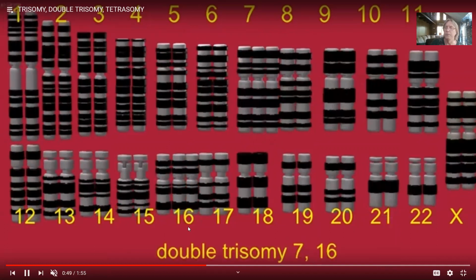Now, just as we saw before, if you had 3 copies of chromosome 7 and 3 copies of chromosome 16, that would be a double trisomy 7 16, indicating that there were 2 different non-homologous chromosomes, non-homologous sets which had an extra chromosome.